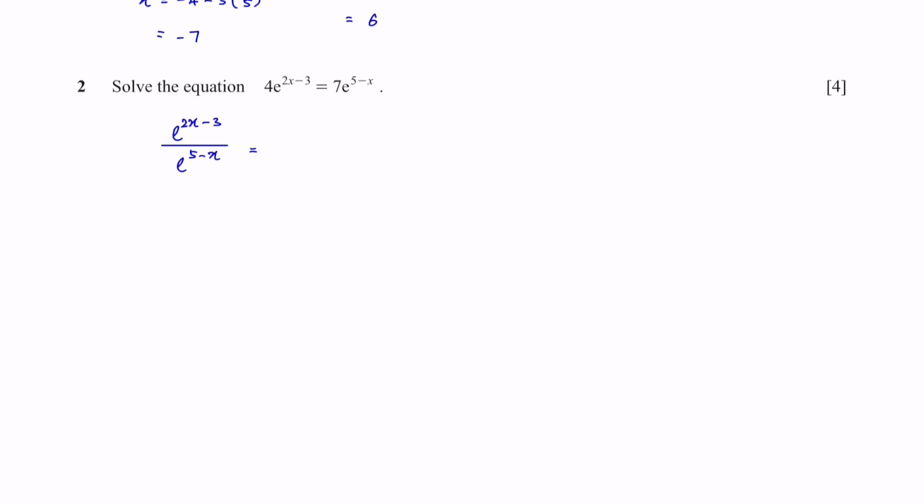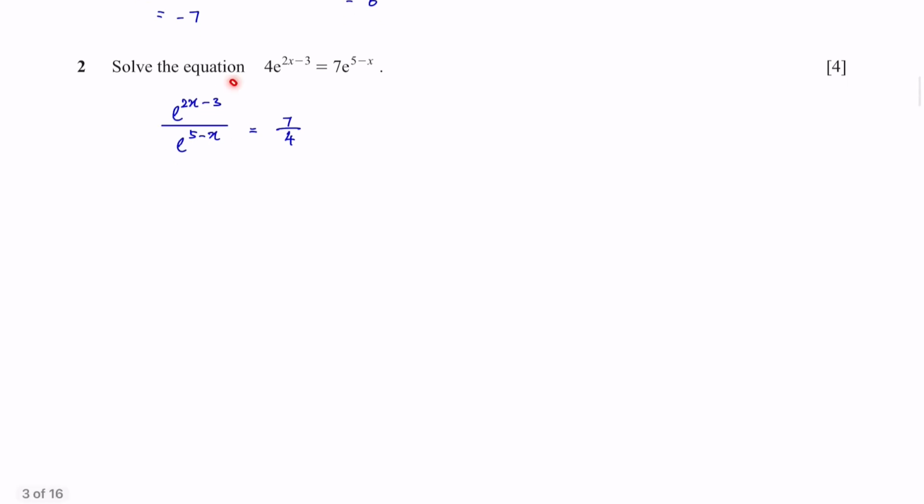So now the right side is left with 7 over 4. Okay, so we can make this into just one term. So we have e to the (2x minus 3) minus (5 minus x).